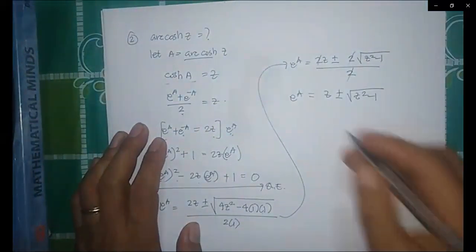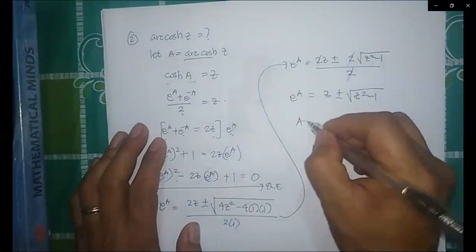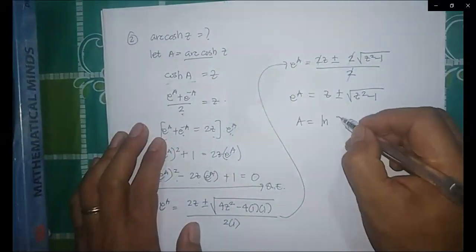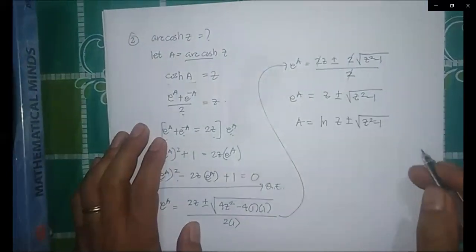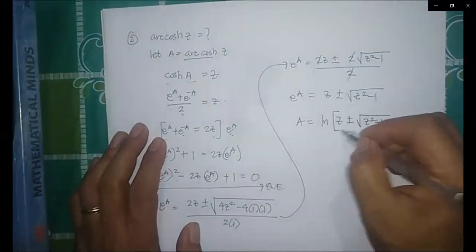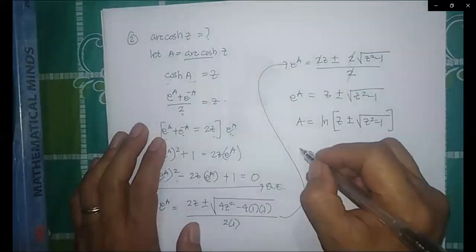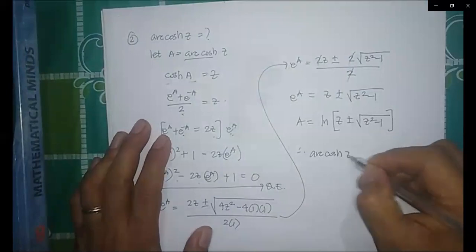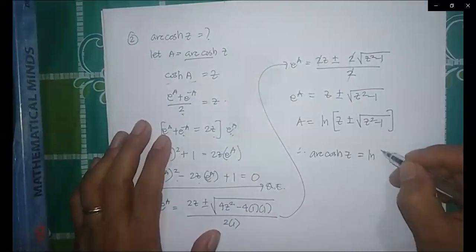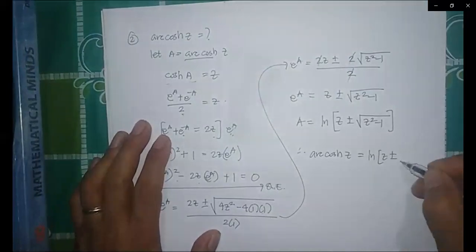That is your e raised to a. Taking the logarithm of both sides, a equals ln of z plus or minus the square root of z squared minus 1. Therefore, your arc hyperbolic cosine of z is ln of z plus or minus the square root of z squared minus 1.